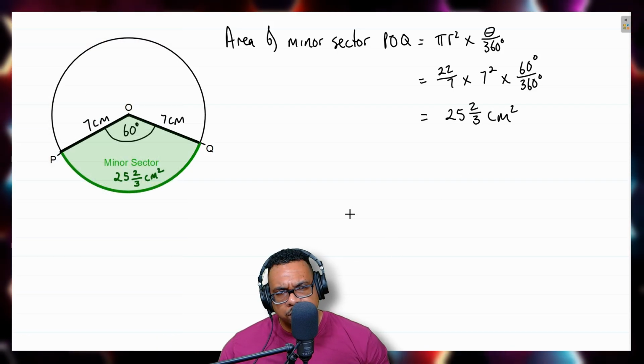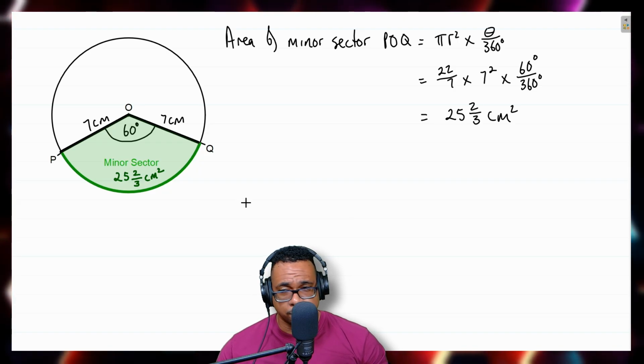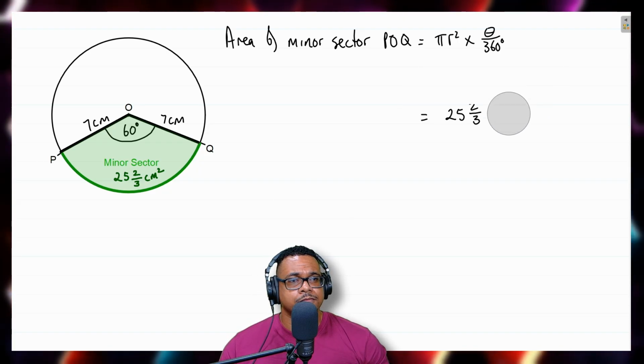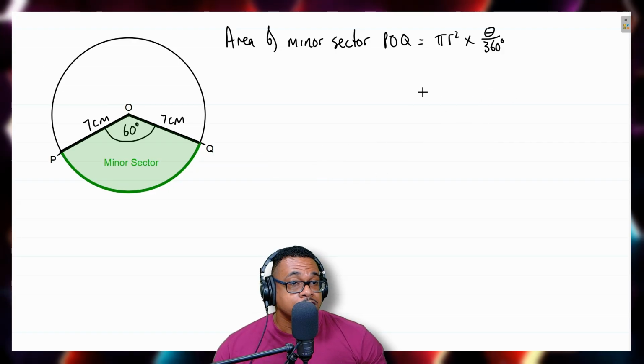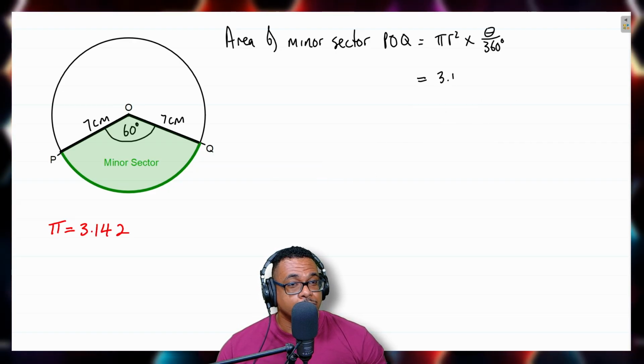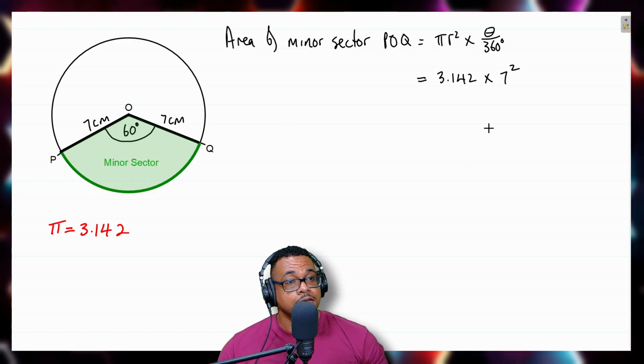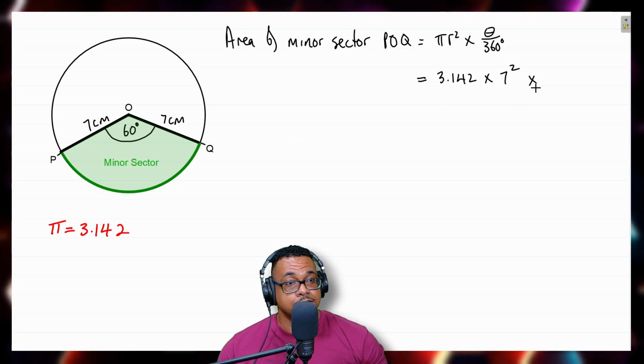Now, if they told us to use pi as 3.142, let's see how we work that out. Take this off. All right, so now I'm using pi as 3.142. So 3.142 multiplied by the radius squared, which is 7. So 7 squared. All right, multiplied by theta over 360. So that's 60 over 360.